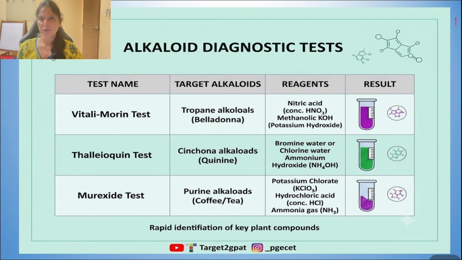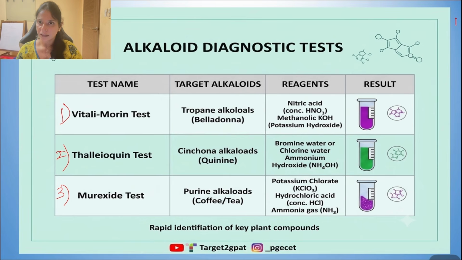And coming to the next one, our alkaloid diagnostic tests, which are most commonly asked. That is 3 major specific tests: Vitali-Morin test, Thalleioquin test and Murexide test. Coming to the Vitali-Morin test, which is the specific test for tropane alkaloids, used to identify whether tropane alkaloids are present or not.